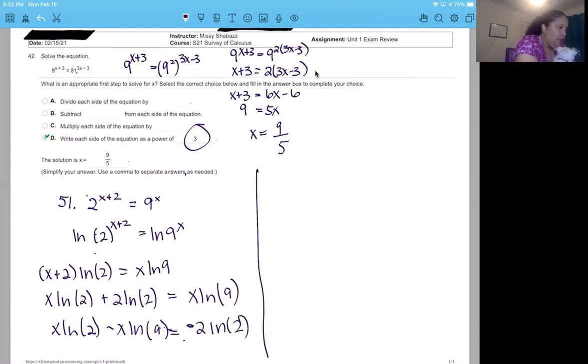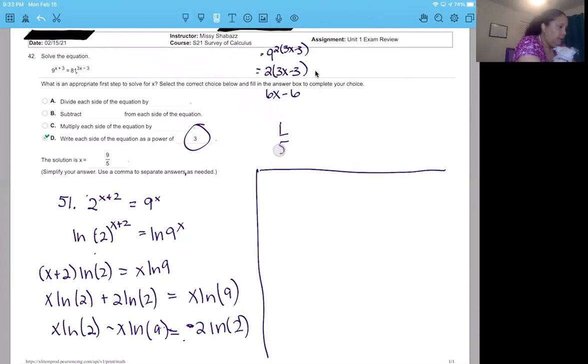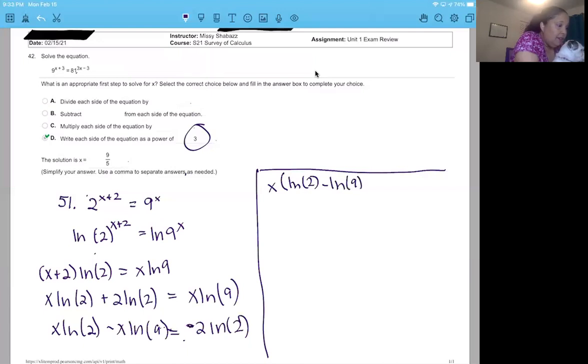So now what I'm going to do is factor out the x on the left side. So I have x times natural log of 2 minus natural log of 9 equals negative 2 natural log of 2.